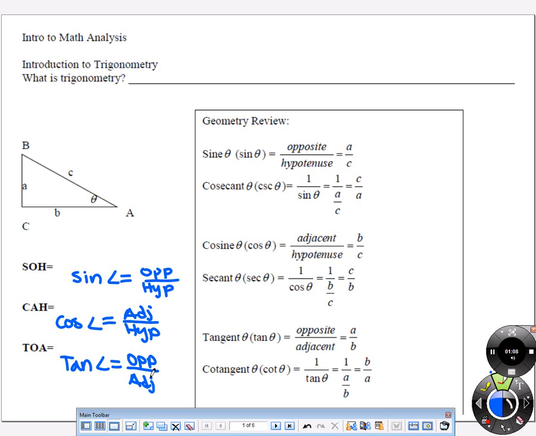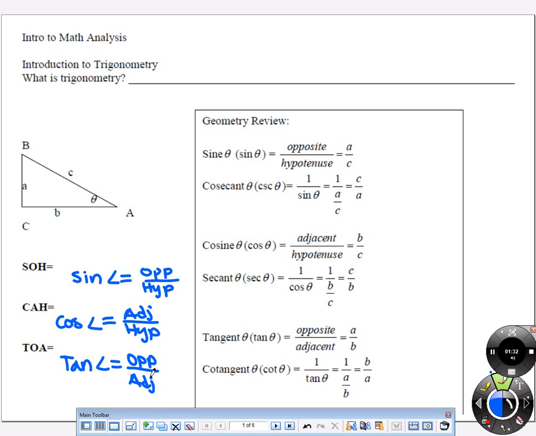So when you look at this triangle, okay, if I say, what is the sine of theta? So this weird looking little letter right here is theta in case you don't remember from geometry. Okay. So if I say, what is the sine of theta? And you go to your head and you do your SOHCAHTOA thing and you remember that sine is opposite over hypotenuse. From this angle, what is considered the opposite?